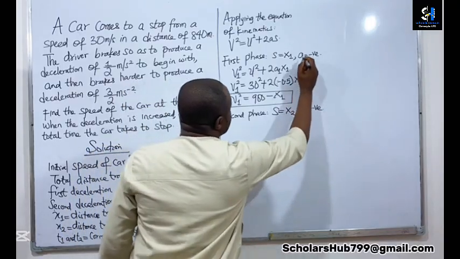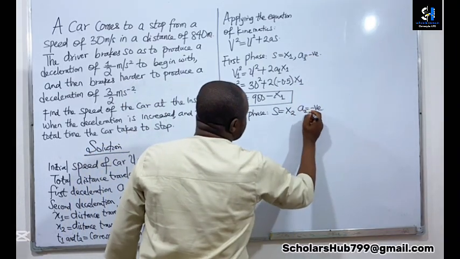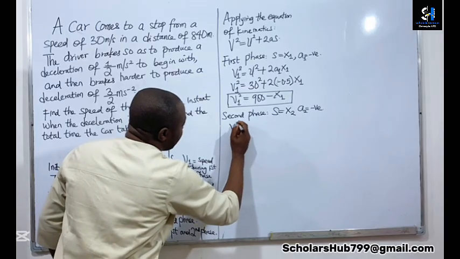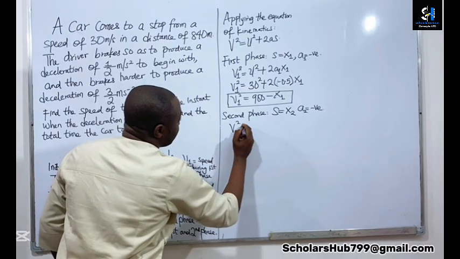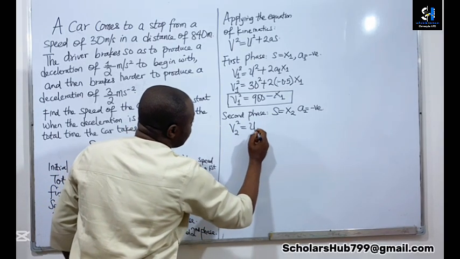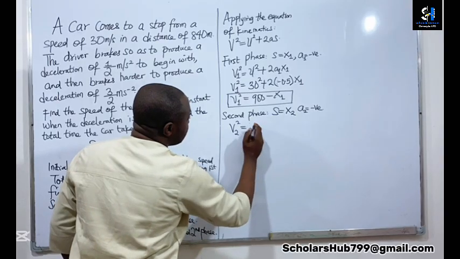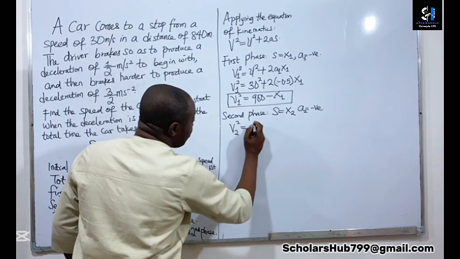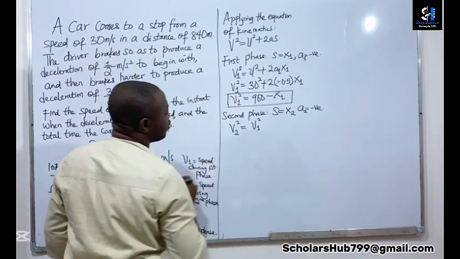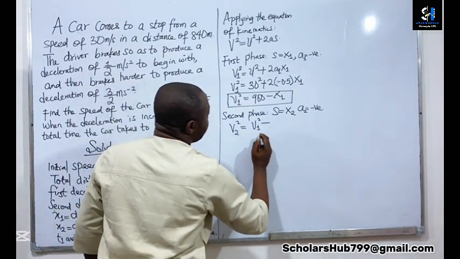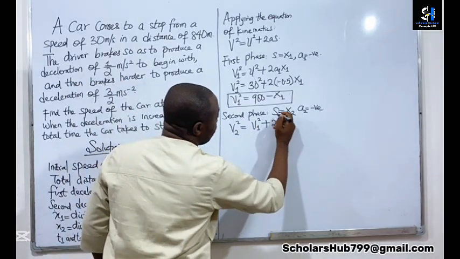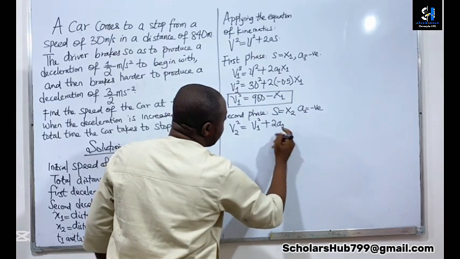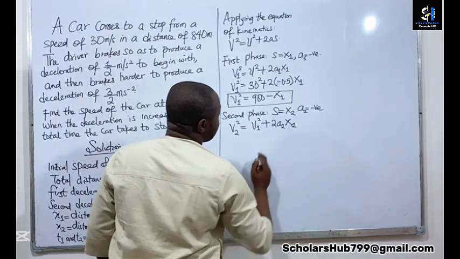Then a2 is negative. All right, so we then use the formula v2 squared equals u squared, that is v1 squared, plus 2a2 times x2.